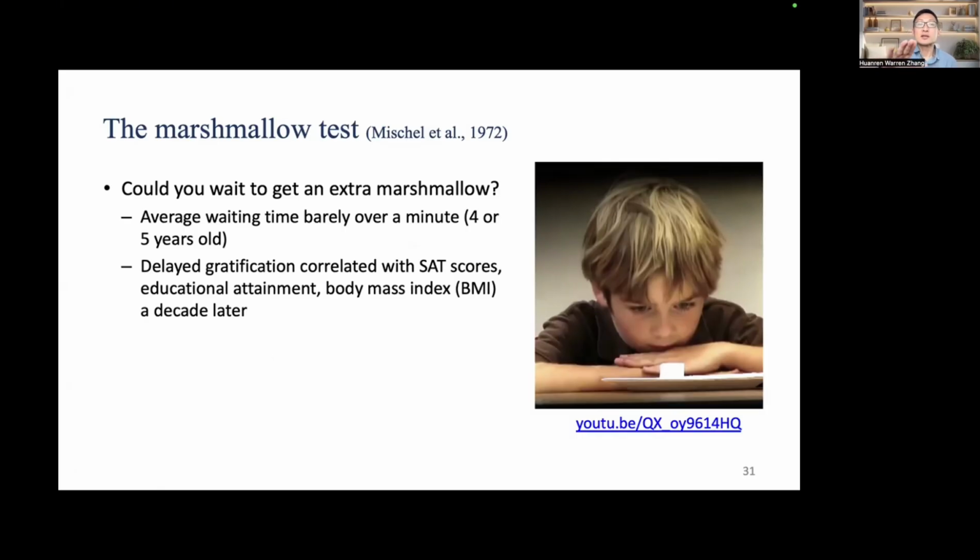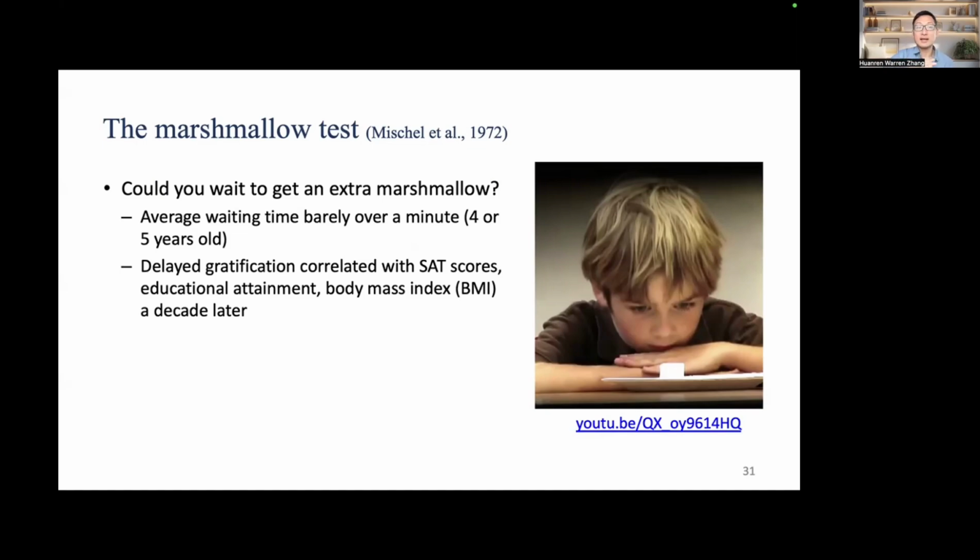But this original experiment did not account for, while explaining the result, the socioeconomic status of the family. Right? Usually when you are from a high socioeconomic status family, a rich family, then your parents are more likely to keep promises, and there is not a lot of uncertainty, ambiguity and risk you experience, and you will develop more trust towards other people.